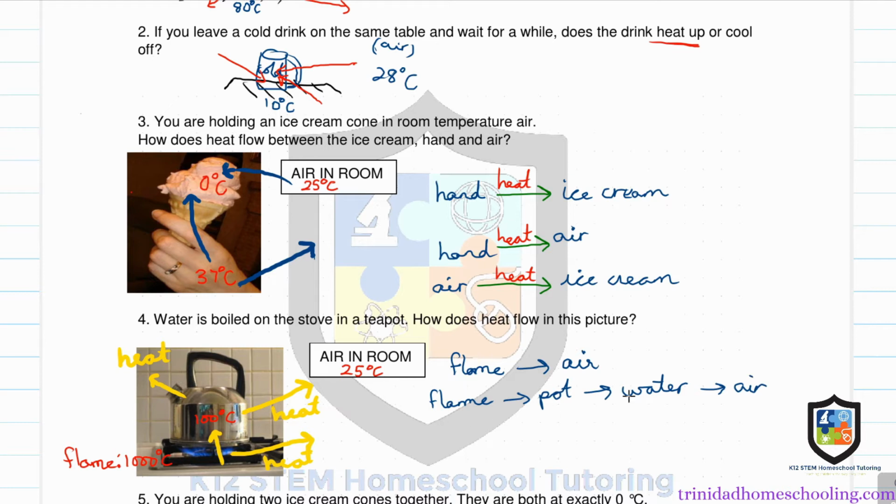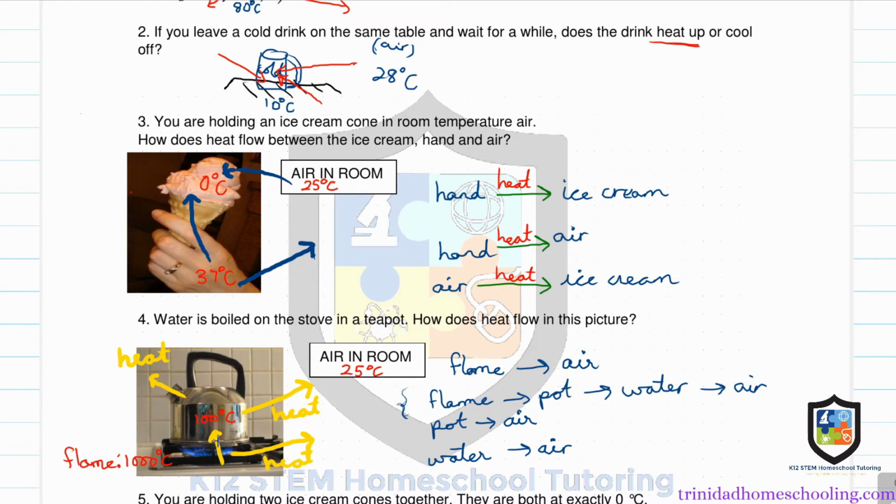So that's this one here, from the water to the air through this opening here, and then we have from the pot to the air, and we have from the water to the air.